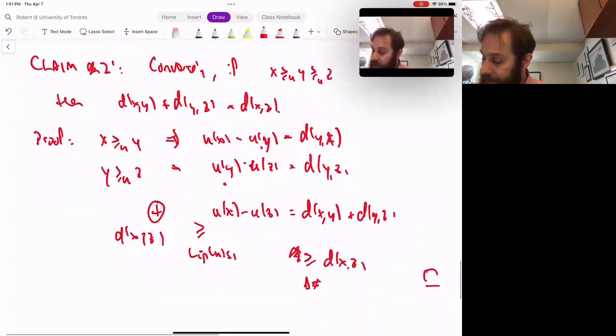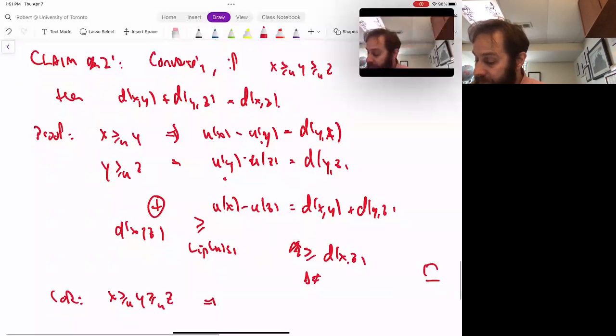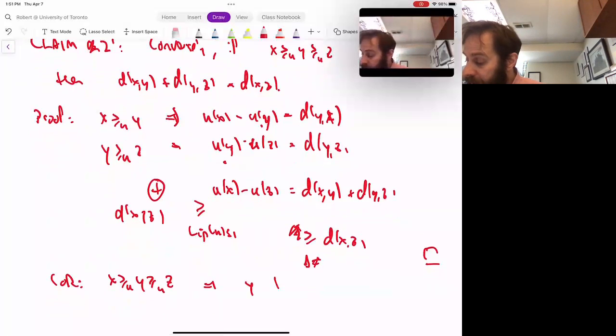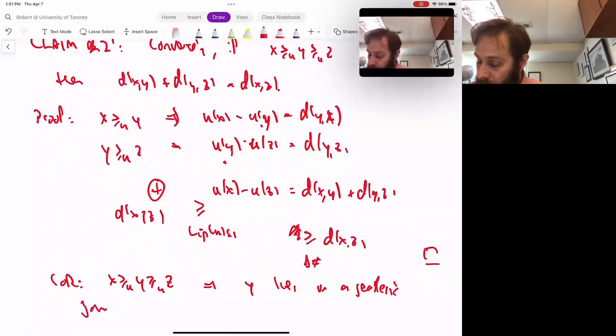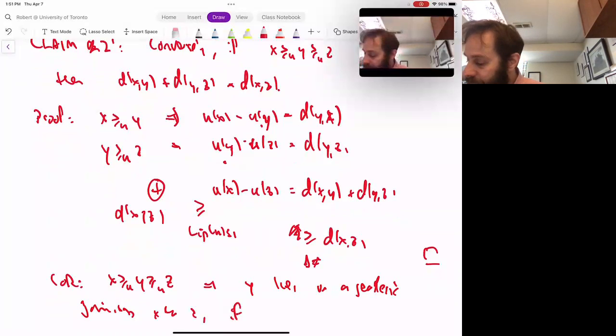And a corollary is that x dominating y dominating z implies y lies on a geodesic joining x to z if xd is a geodesic space.